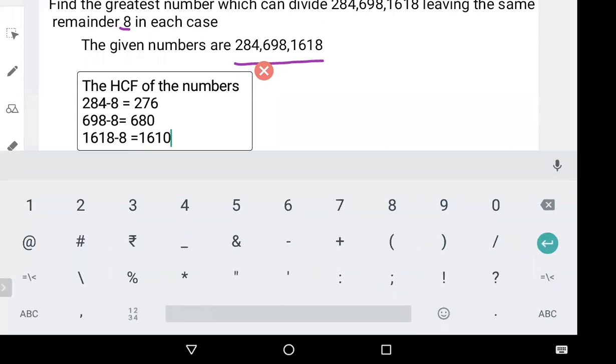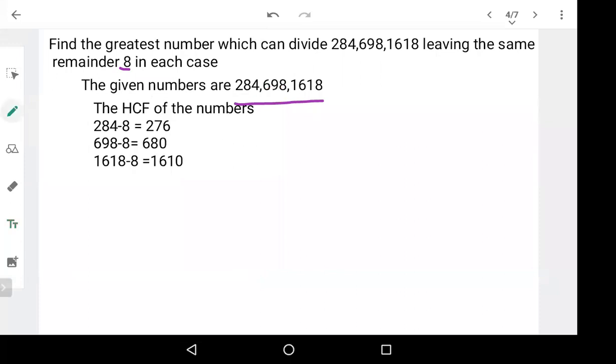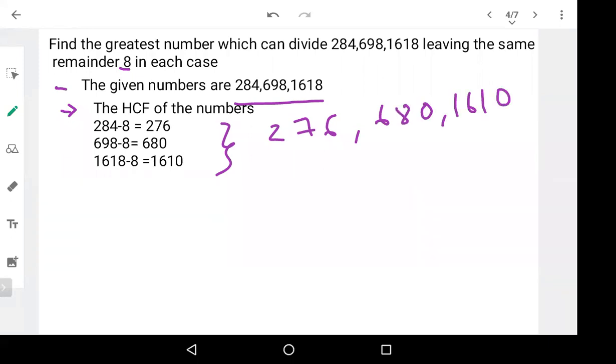Yeah. So the first step is to write these given numbers, and the next step is to remove the remainder, that is 8, given in the question, from the 3 numbers. Now you have 276, 680 and 1610. Now find the HCF of all these 3 numbers.